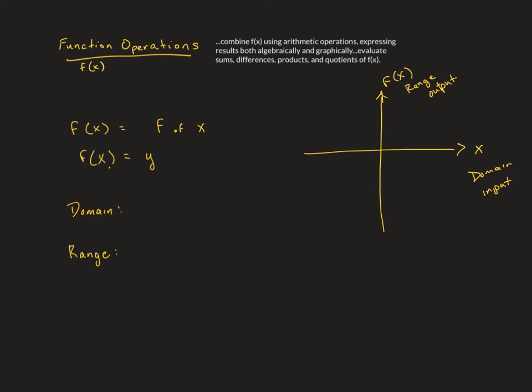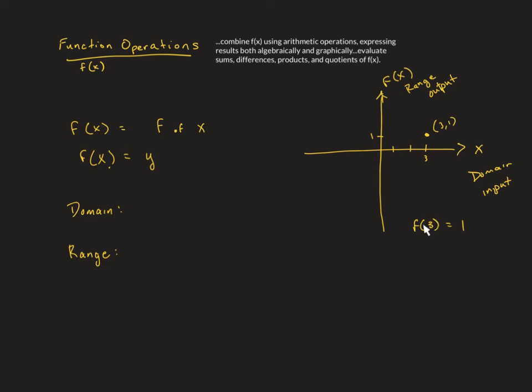The output of my function. So if I have a point here, 3, 1, the x value is 3, and the y value is 1. So I could write that over here in that notation as f of 3 equals 1, because when I put 3 into my function, it gives me an output of 1.